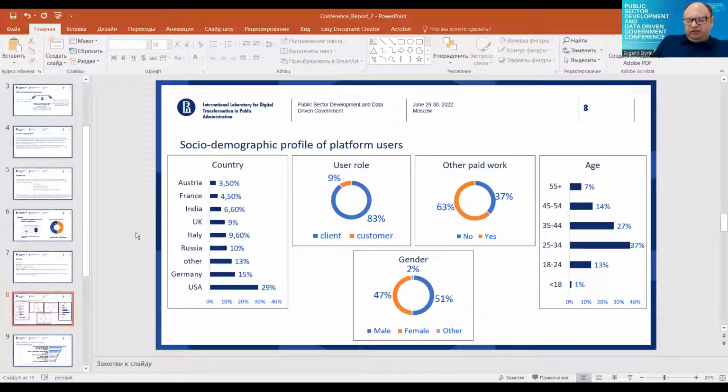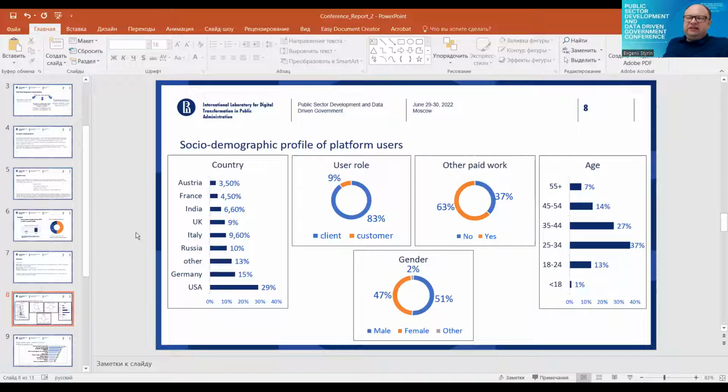What we know from this survey is that there is a special socio-demographic profile for platform users. Here is the country range of the respondents who answered our questions. It's good that it's not only from one country, but we have enough respondents from different countries. It means that the world of labor becomes really global.